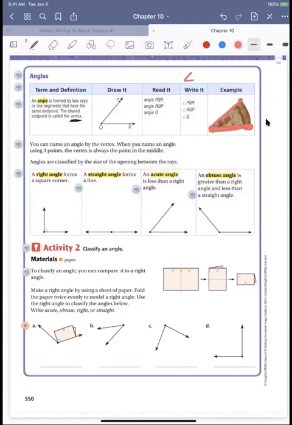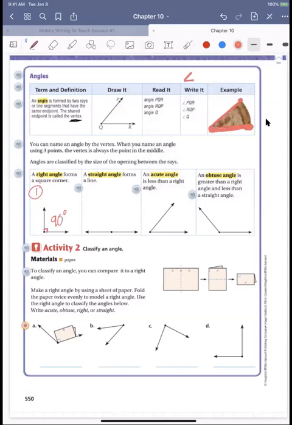Okay, so I know this is a lot, but trust me, the more that you practice, the easier it'll get. So when we have angles, there are 4 different types of angles we're going to talk about in 4th grade. Okay, the first one is a right angle, and what that means is the rays are meeting together to create a 90-degree angle. And that's what that blue square is.